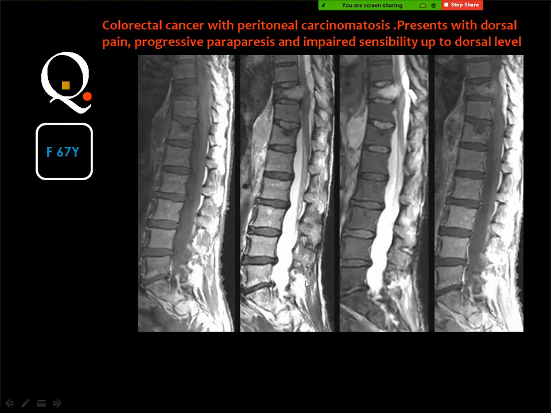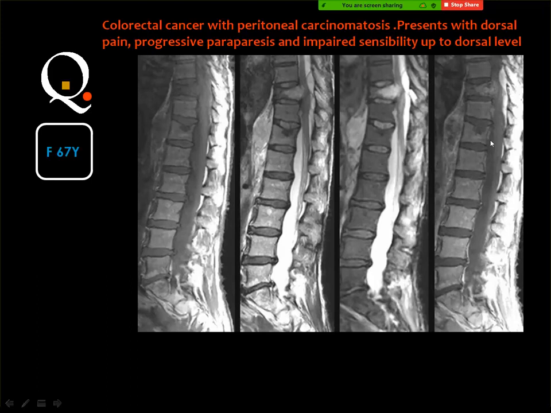Metastasis. Yes, this is a patient with colorectal cancer and peritoneal carcinomatosis. She presents with dorsal pain, progressive paraparesis, and impaired sensibility up to the dorsal level. Then you can see that this vertebral body is partially collapsed and it shows abnormal signal.